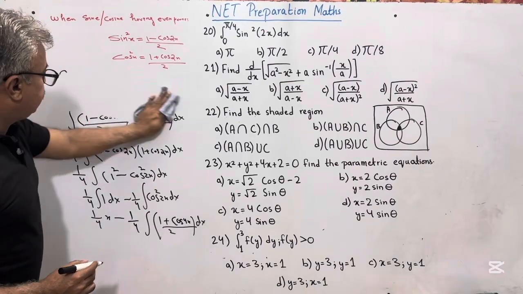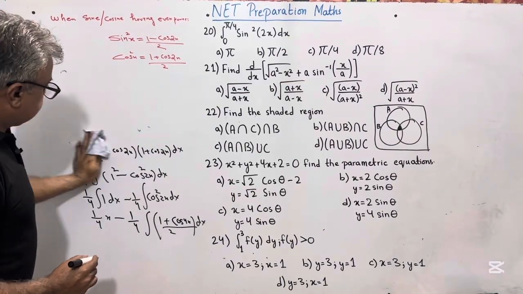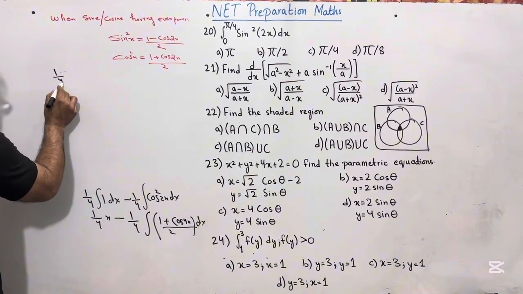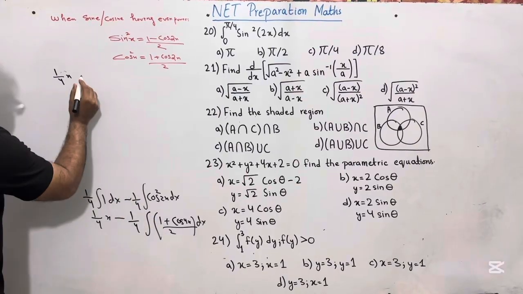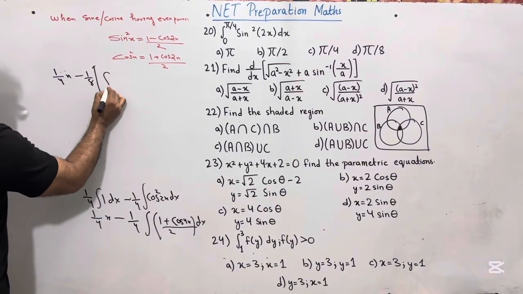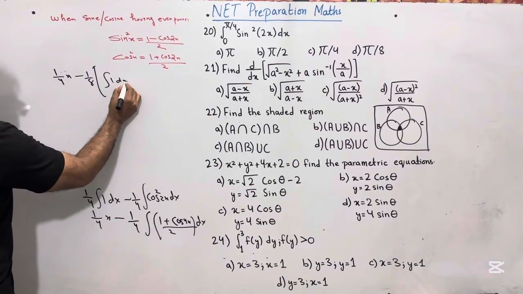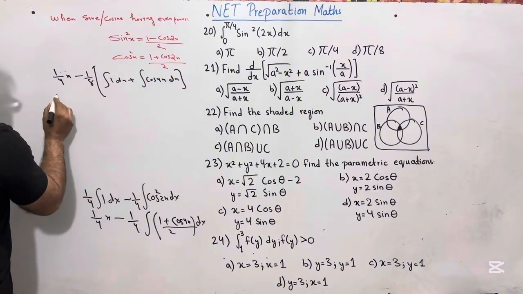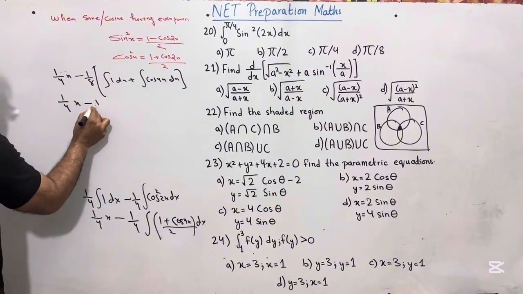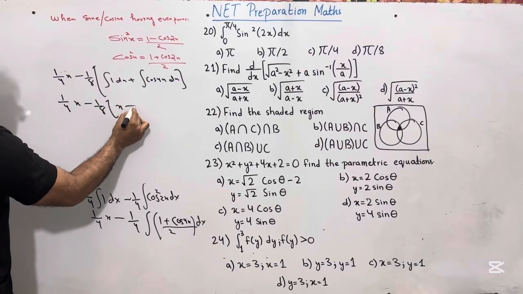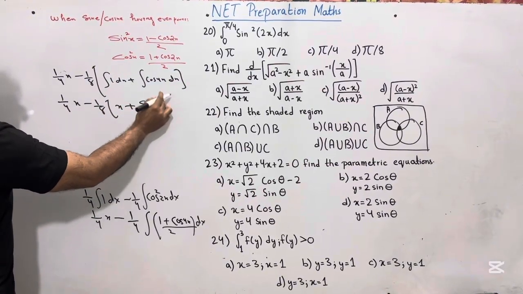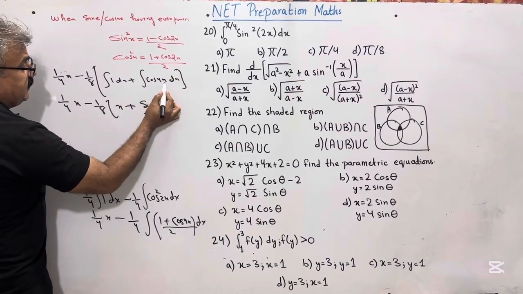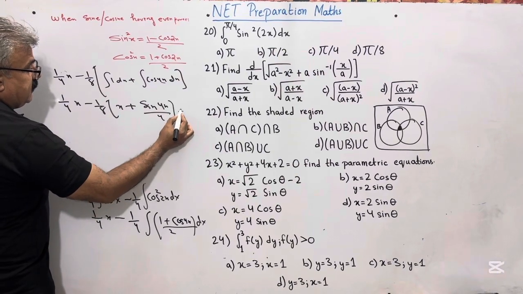Making some room for the solution of the question. We have 1 over 4 x, and 2 times 4 is 8, so I am writing 1 over 8 outside. Integration of 1 dx and integration of cos 4x dx. We have 1 over 4 x minus 1 over 8, integration of 1 is x, integration of cos 4x is sine 4x divided by the derivative of the angle, that's 4, plus c.